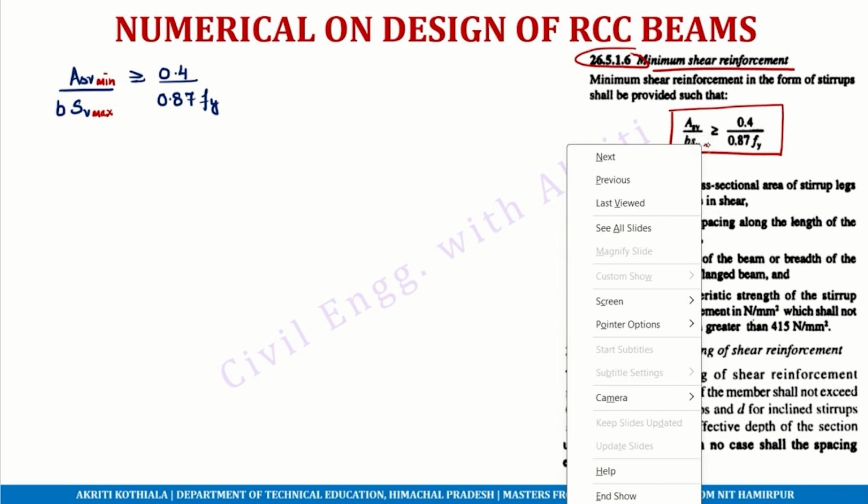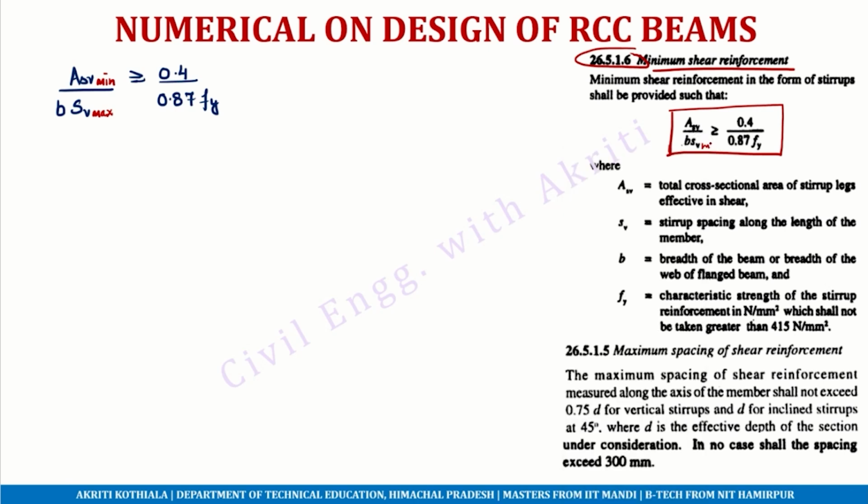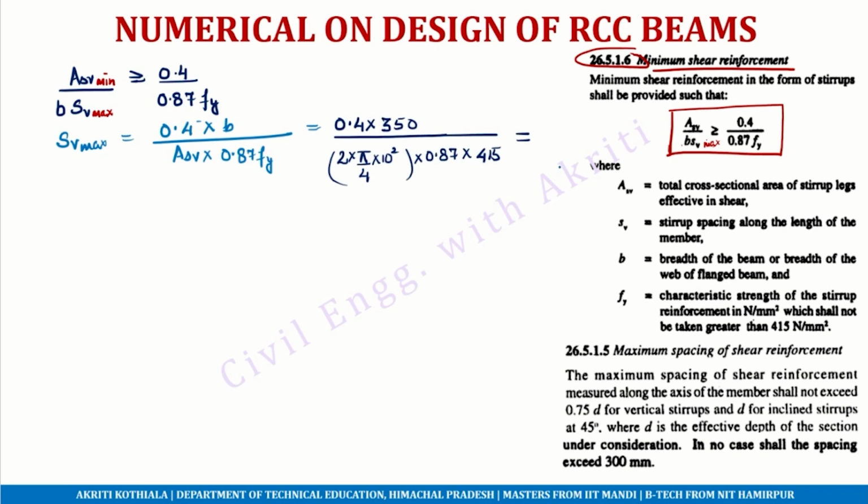From this formula, we can calculate the maximum value of SV. So rearranging, we get SV equal to ASV into 0.87 Fy upon 0.4b. Substituting these values, we obtain SV max equal to 405 mm.